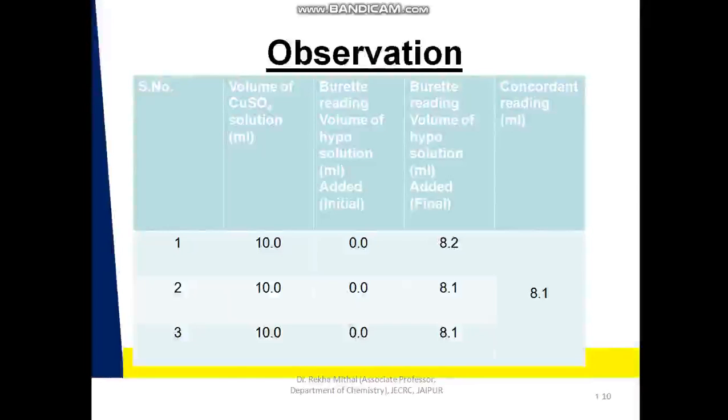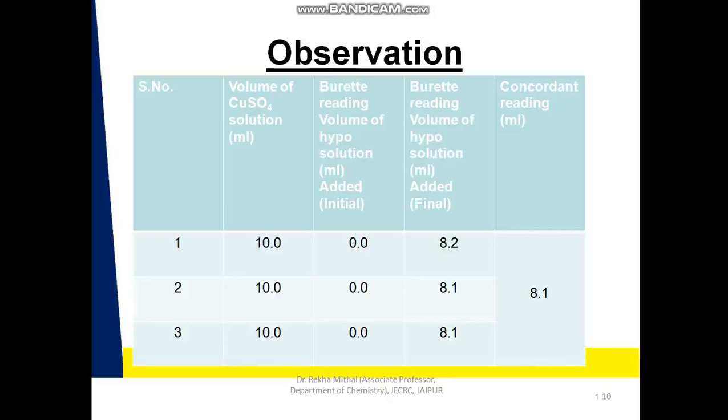So now after doing the experiment, we observe the following readings. This is our observation table: serial number, volume of copper sulfate solution, burette reading, volume of hypo solution, because in the burette we have filled the hypo solution.